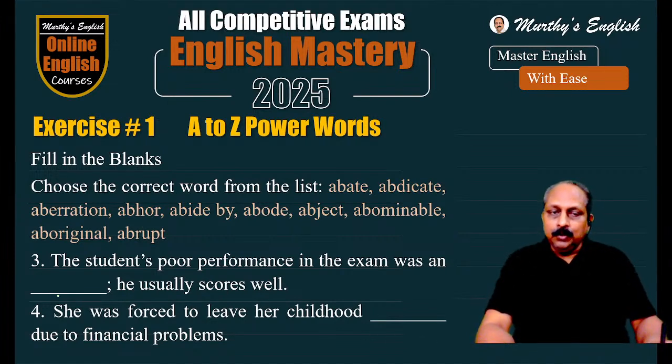Same words, new sentences. The student's poor performance in the exam was, and he usually scores well. Not abrupt. Good, you have taken it in the right spirit. Understand the context here. The student's poor performance in the exam was something. Why? He usually scores well.